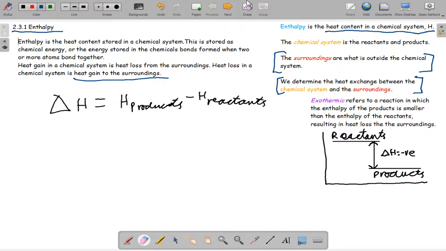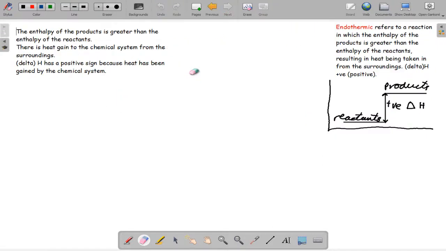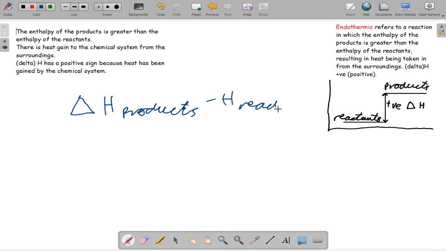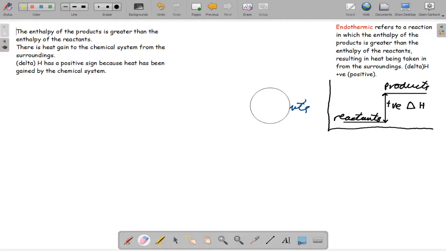So this is also known as delta H, or the products' heat content minus the reactants' heat content. But we'll talk more about that after I've talked about exothermic and endothermic reactions.